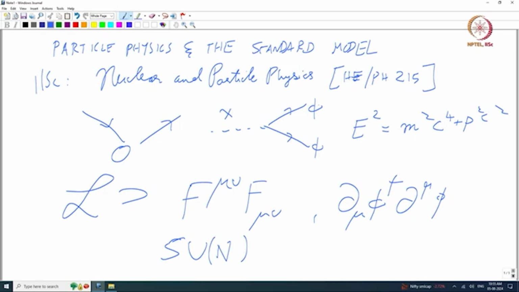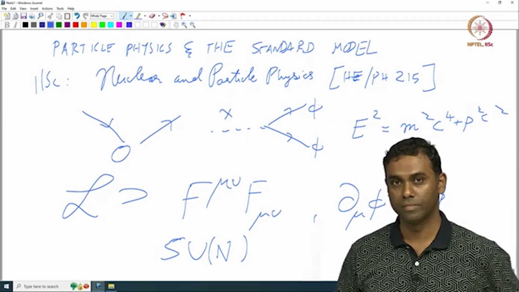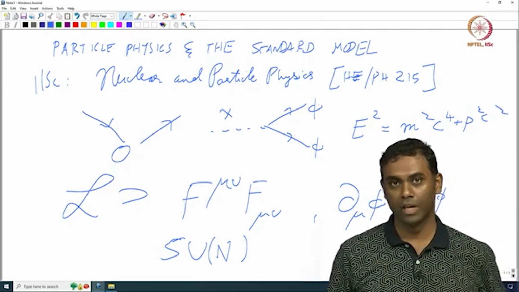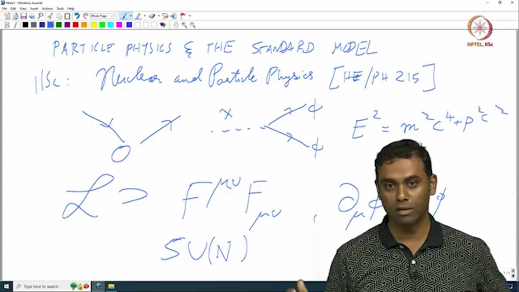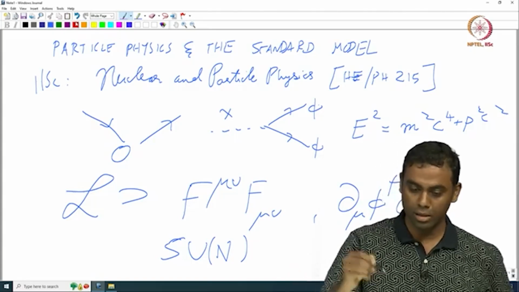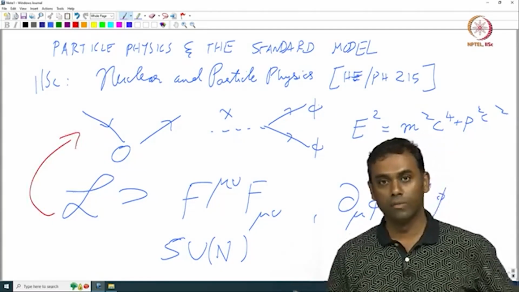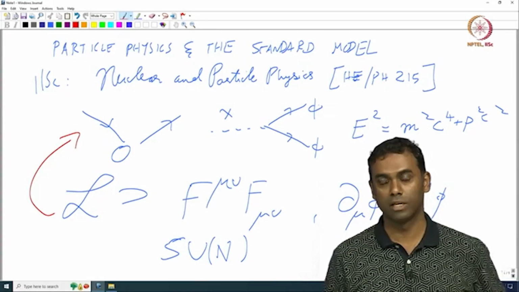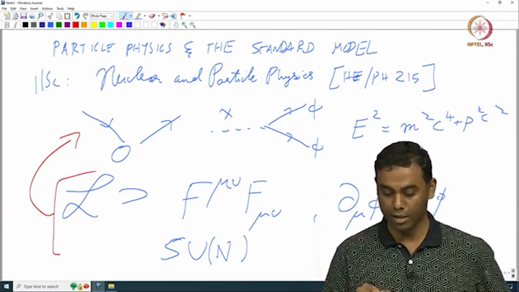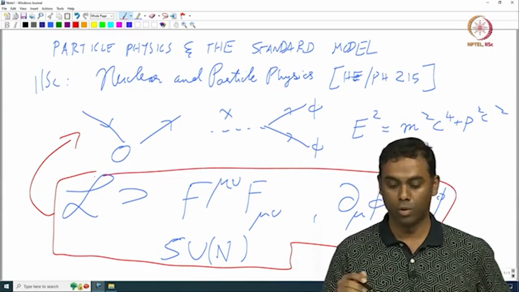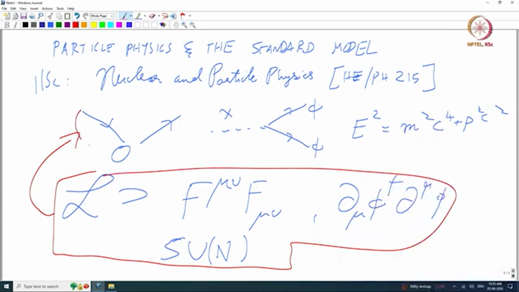So, we are going to approach particle physics more from a field theory point of view, okay. And you will see why, because that really is the approach that leads on to the relevant kinematics, the relevant particle processes, okay. This is the underlying code to understand what is going on here, okay.